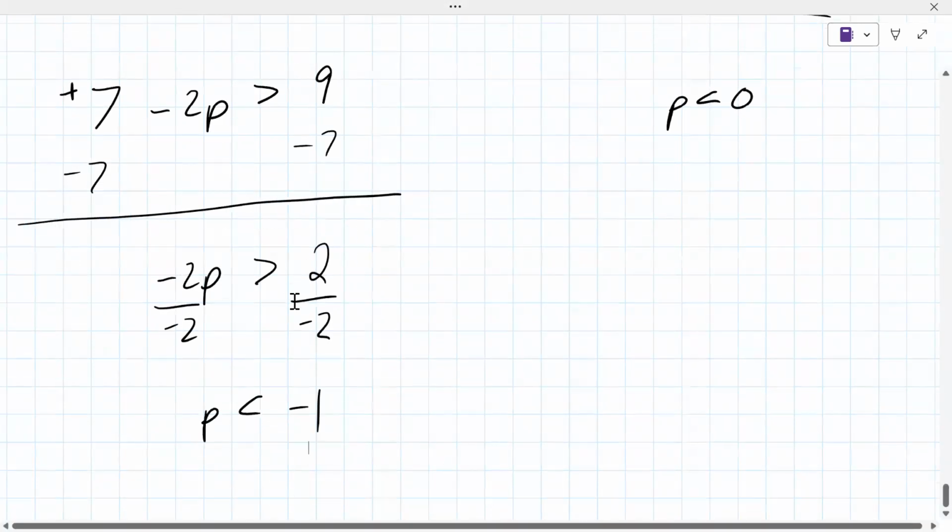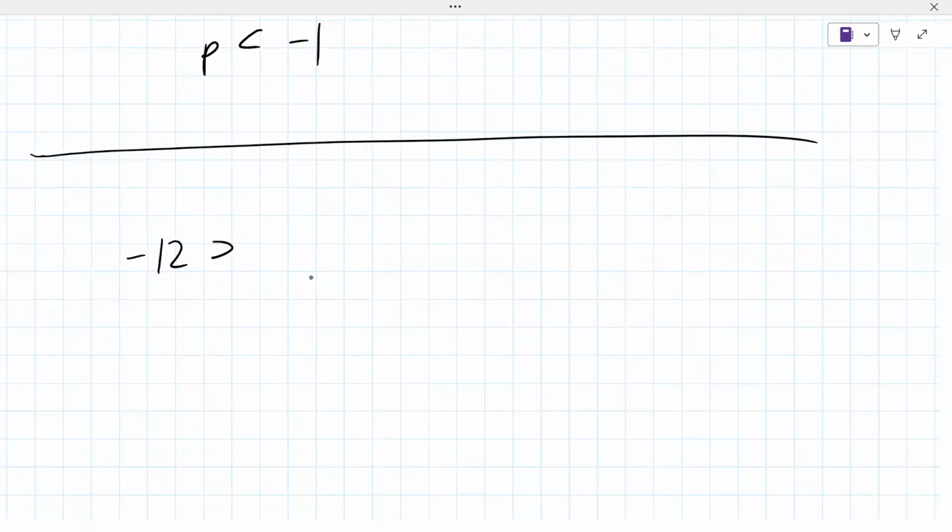Okay, let's try another one here. -12 greater than -6m plus 6.